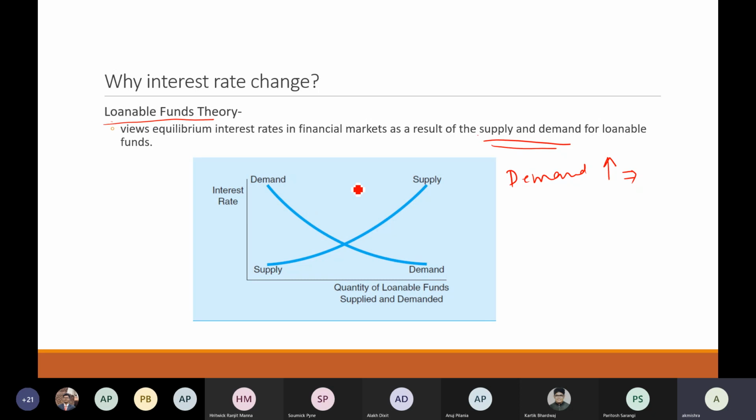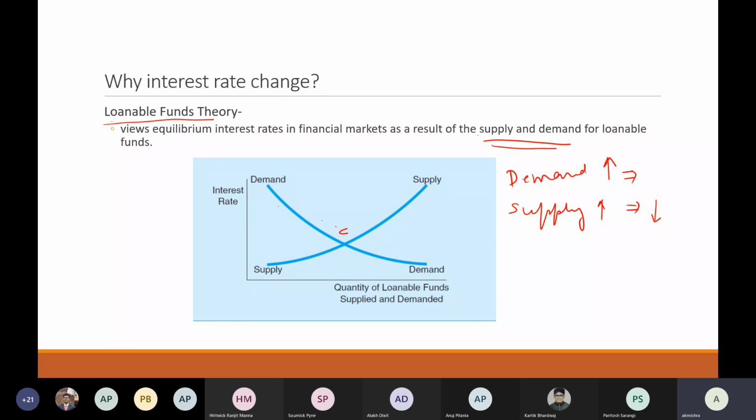And similarly, on the supply side, if supply increases, assuming no change in demand, what will happen? Interest rate will go down, because when there is more supply than required demand, of course you will find a mismatch, disequilibrium, and in that scenario you will find a decline in interest rate.